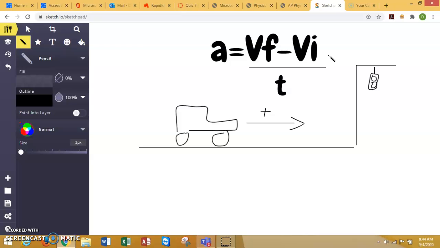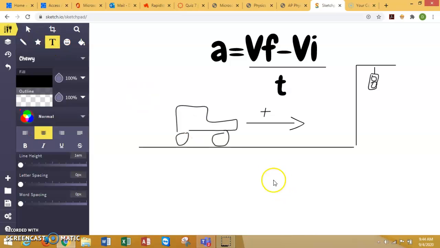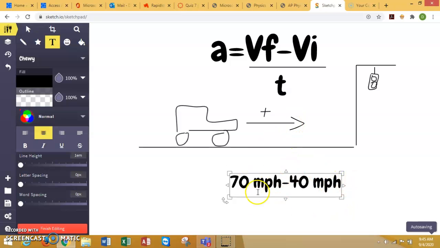Now, here's what I forgot. Velocity is a vector. So if my final speed of my car is, let's say, 70 miles an hour, we'll just use miles per hour because everyone understands, and when you saw the yellow light appear your initial speed was 40 miles per hour, you will get a positive number.